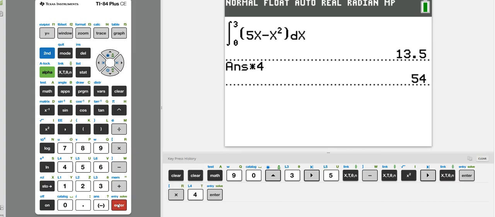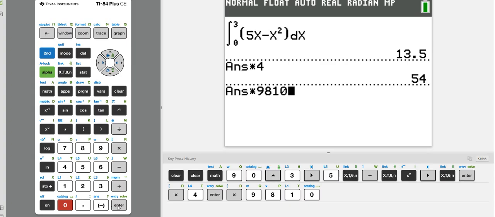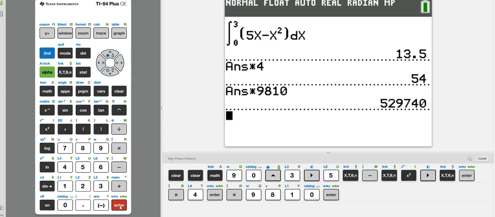And then I need to multiply it by 9810. Now keep an eye on things. I think WebAssign might just use 9800 for the density of water in terms of newtons. But there you go. If we're using 9810, we'll end up with 529,740.